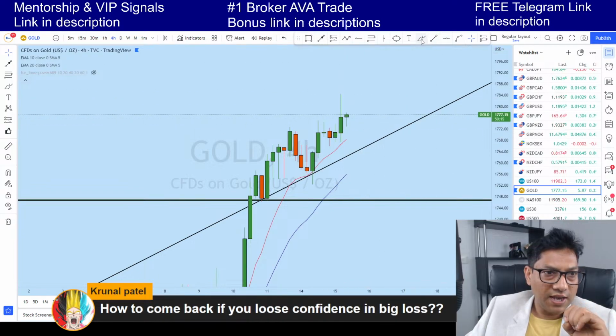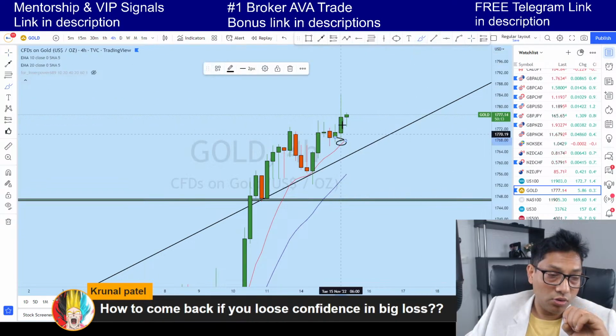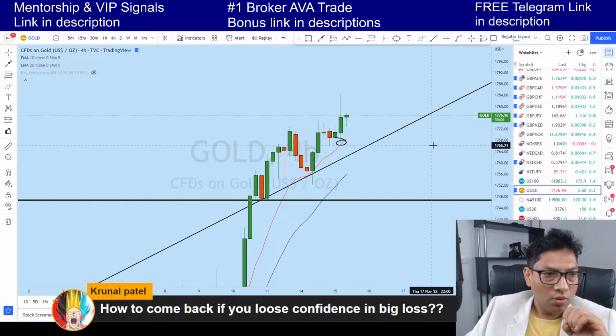Why? Because it has a long wick at the bottom and also a long wick at the top. So this is a bullish candle.